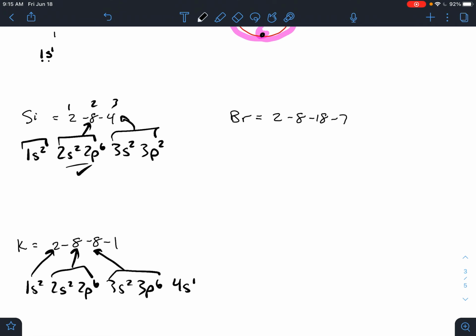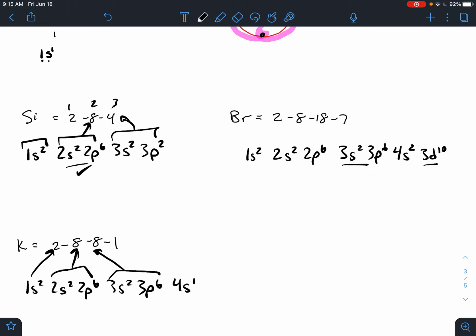Here with bromine. 1s2, 2s2, 2p6, 3s2, 3p6. Then we actually go to 4s2, 3d10. Oh boy.